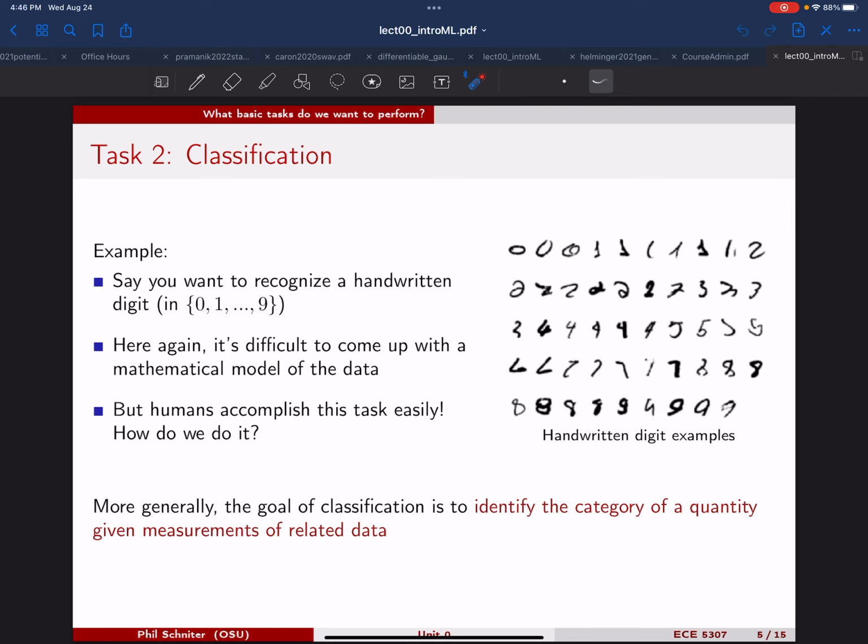So essentially, here again, rather than coming up with some model of what a 1 is or 0 is and then trying to apply that, you could do it in a way that essentially we as humans do it. We, from a young age, have been seeing examples of these things, and we have kind of learned in our brains to figure out, when I see this, what does it mean?